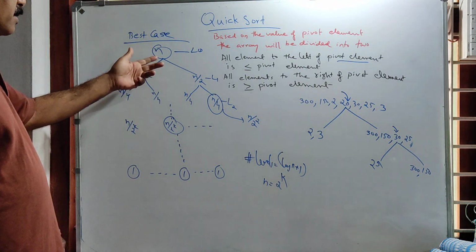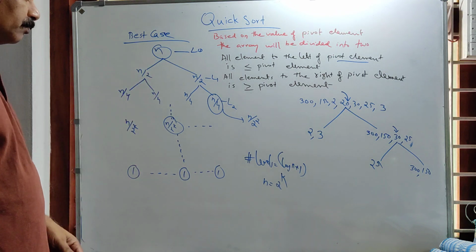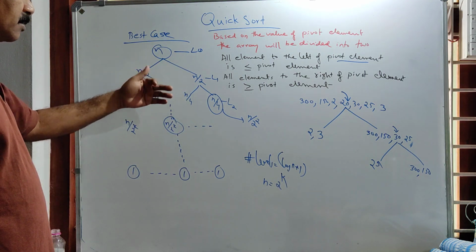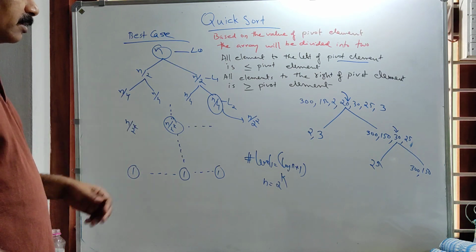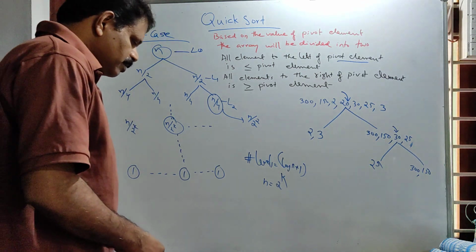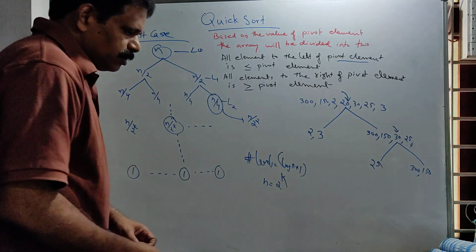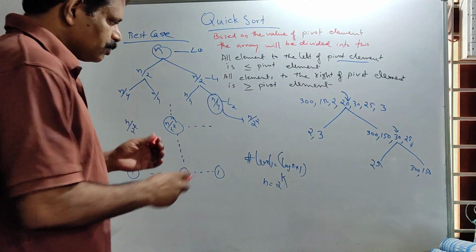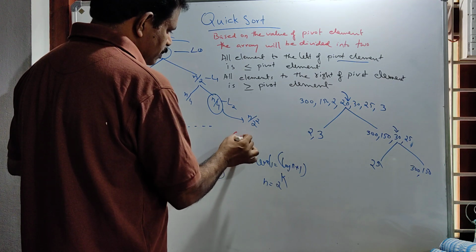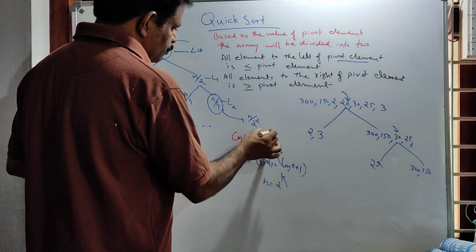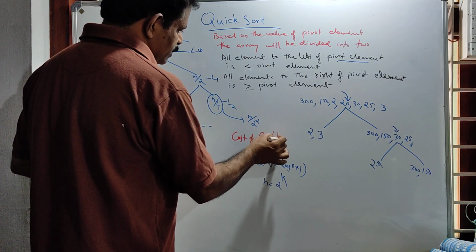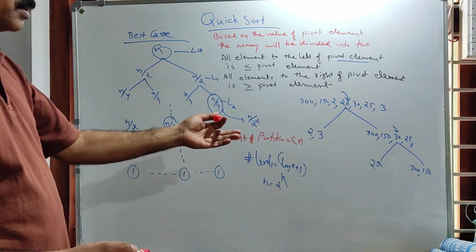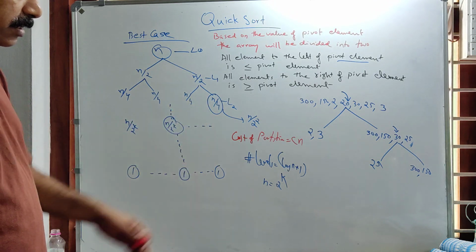Then on each row, the partition happens. This partition happens, and the cost of partition is c into n, because the partition can be done using a single scan. So the cost of partition is equal to c into n. The complexity of partition function is theta n.